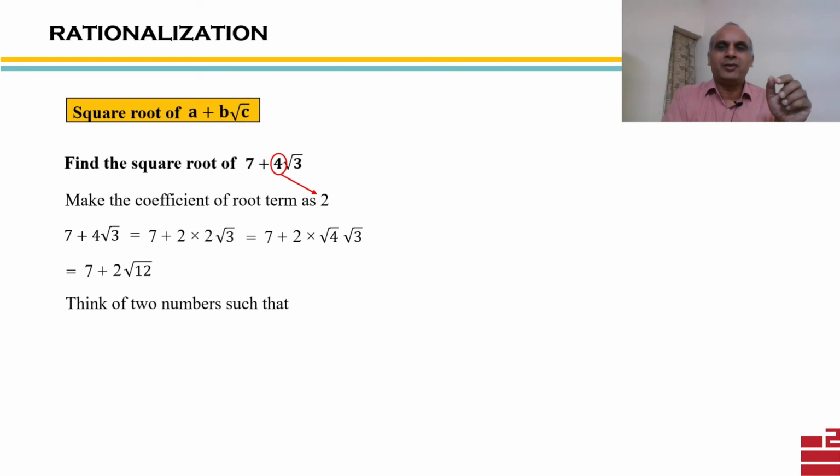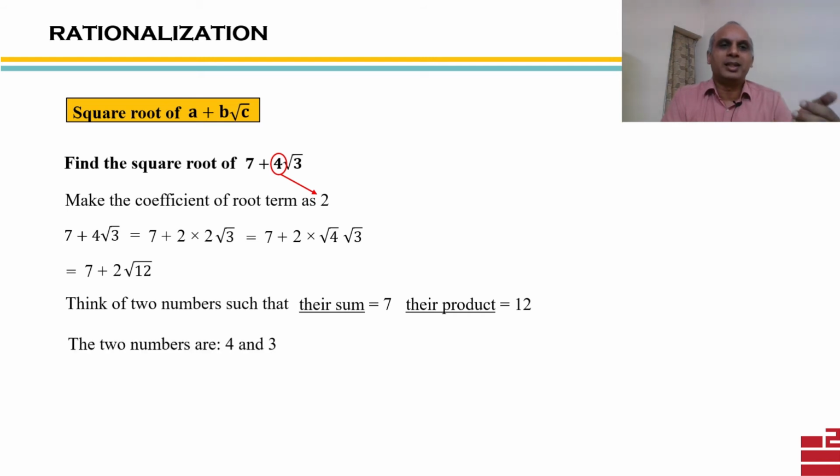In the next step, we will now think of two numbers such that their sum is 7 and their product is 12. And in this case, I think you can easily think of those numbers. Those two numbers are 3 and 4. And therefore, what do we see?